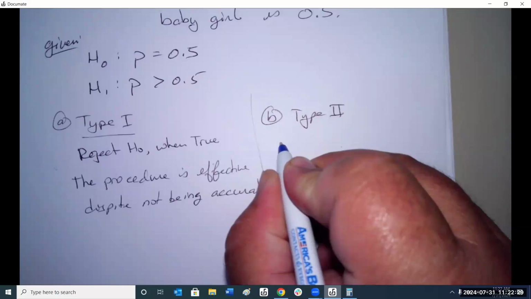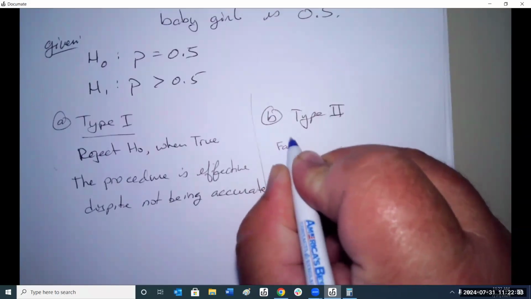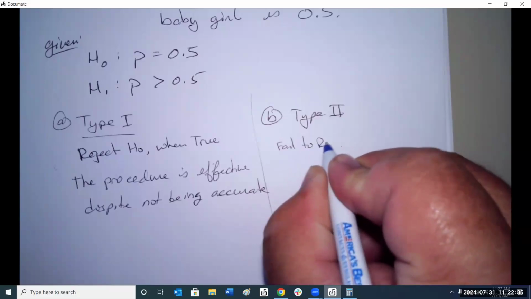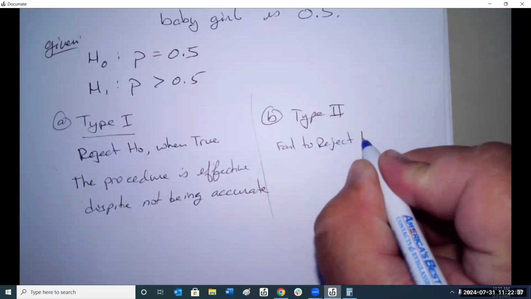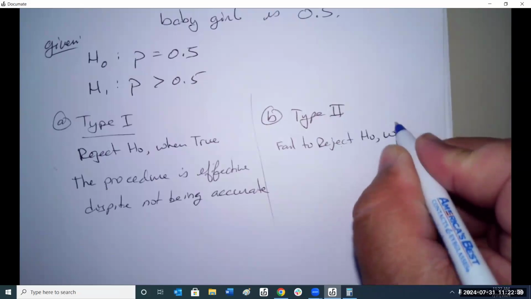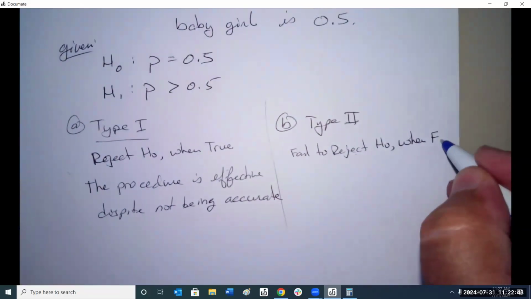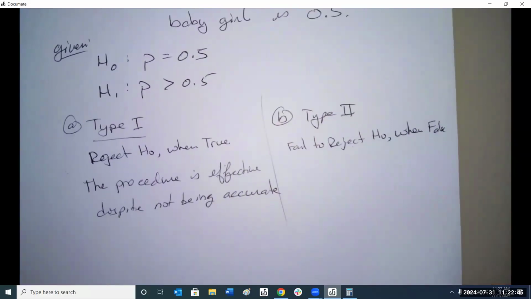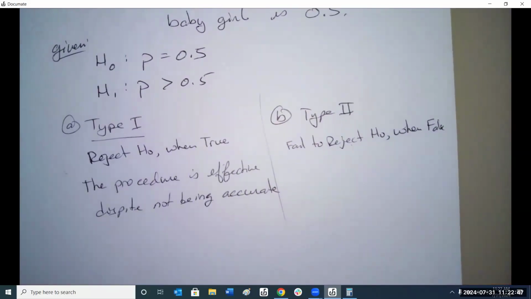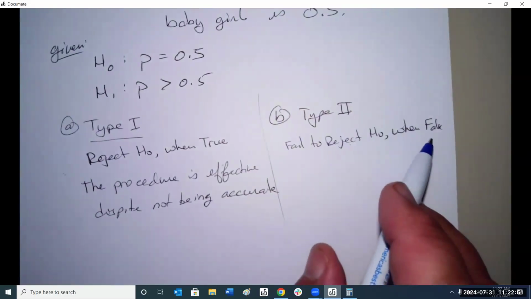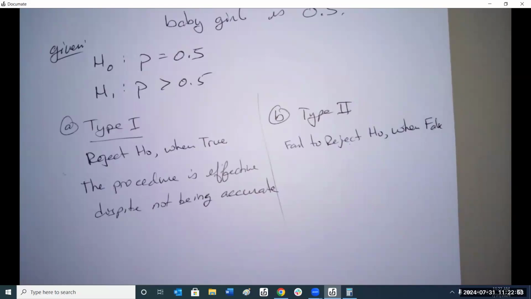Type 2 error is the mistake of failing to reject the null hypothesis when it is false. Fail to reject H0 when false. So what will we do here then?